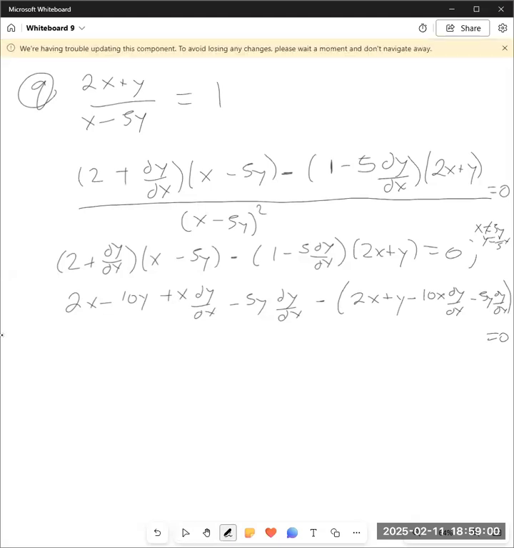So, I'm going to go ahead and move these two terms over right now to get rid of them.